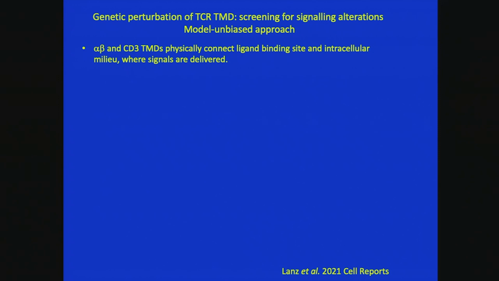Of course there are other domains that we have seen, but this should be perturbed during a potential signal transmission, in the case of an allosteric model. And this is where the signal, in a way, has to transit. Okay? It's a physical thing.